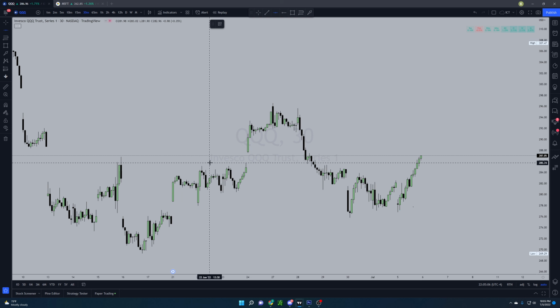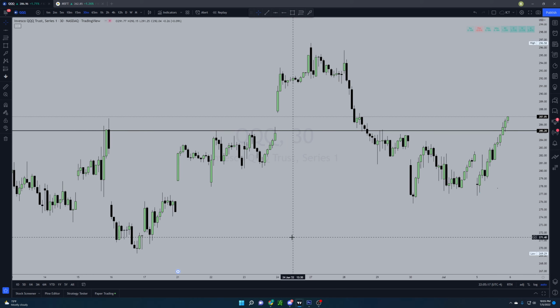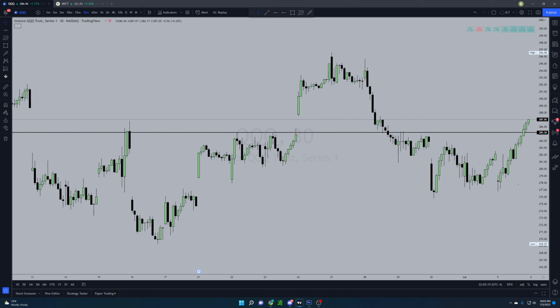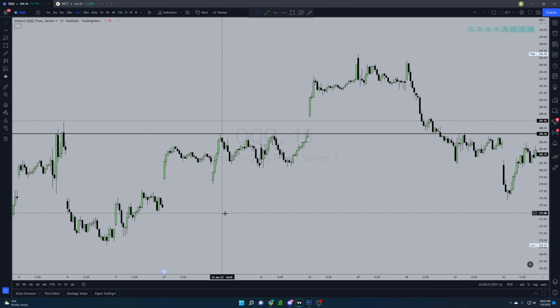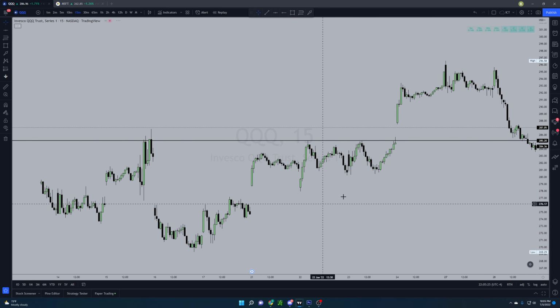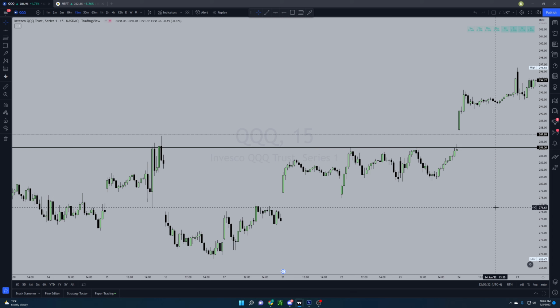So let's do this. Let's say we have resistance right here. Boom, we have resistance right here. Formed equal highs over here, obviously this high here.